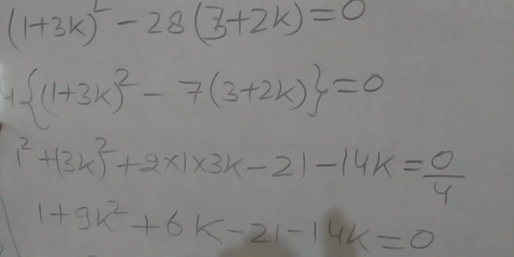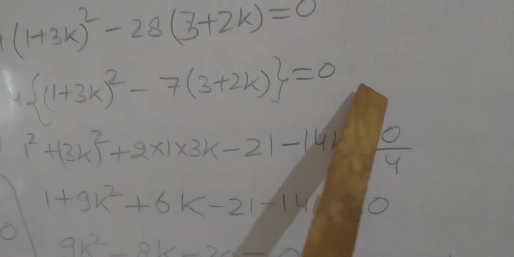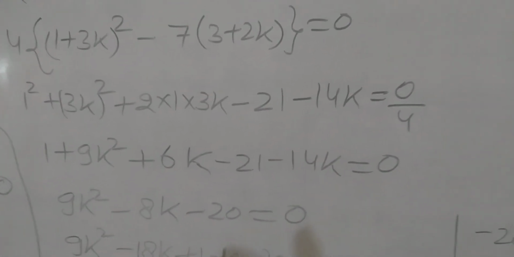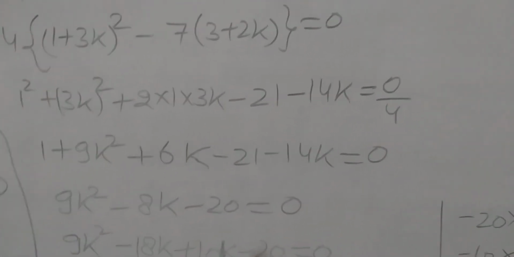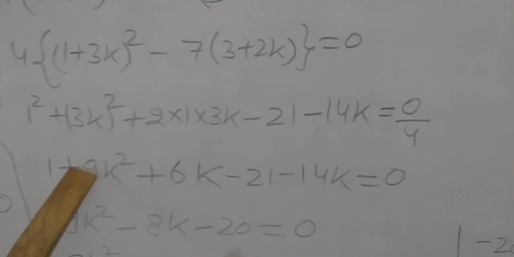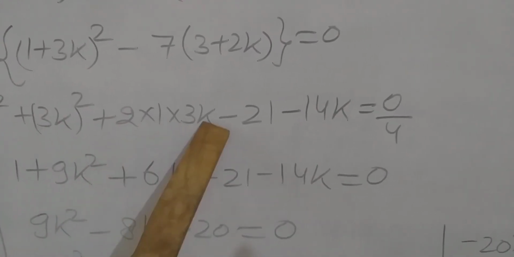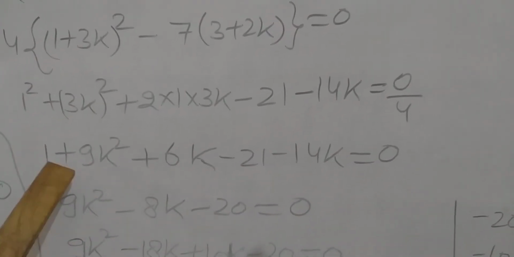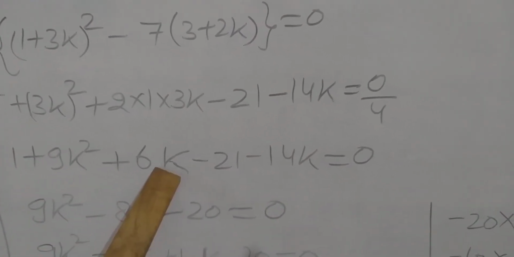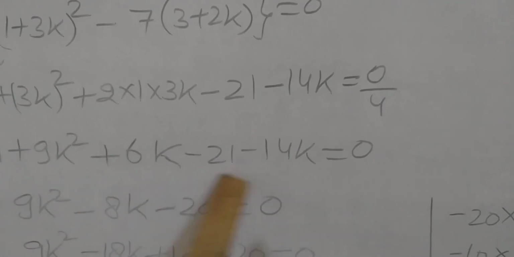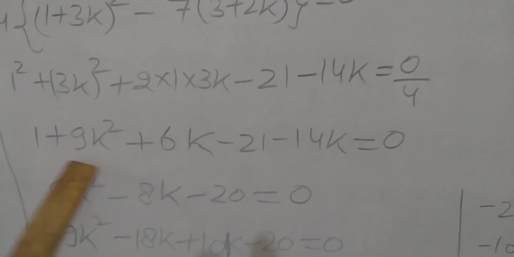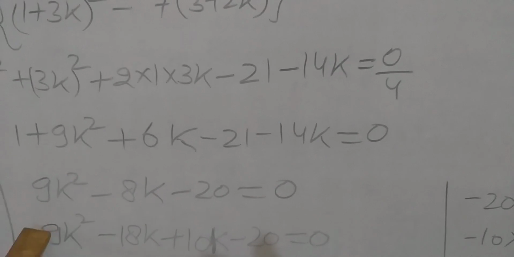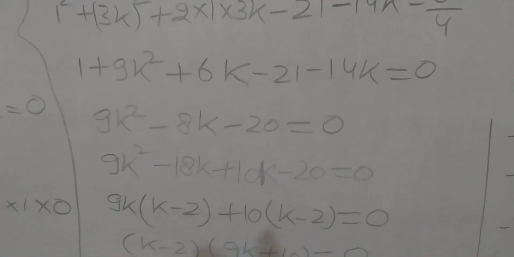And 0 upon 4 is 0. So 1 + 9k² + 6k − 21 − 14k equals 0. So 9k², 6k minus 14k is −8k, and 1 − 21 is −20, equals 0. Correct?